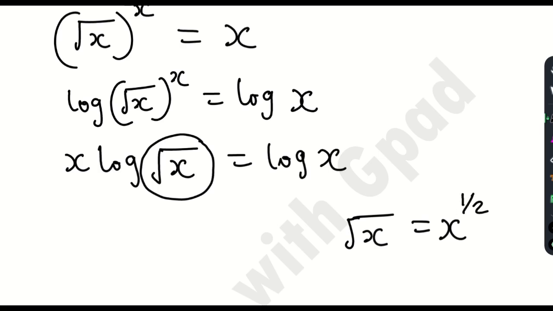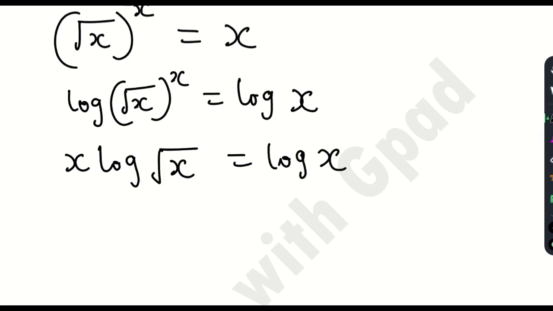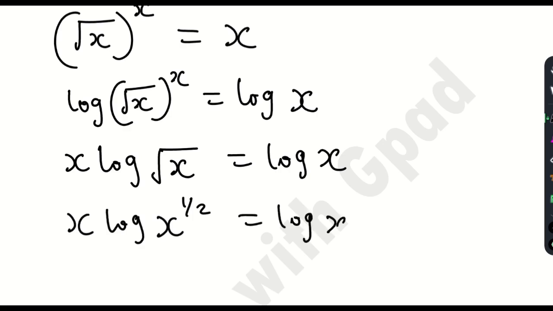All right, so the square root of x is equal to x raised to 1 over 2. Now, that's what I'll do here. I'm going to write this square root of x to become x raised to the power of 1 over 2. So it becomes x log x raised to half is equal to log x.